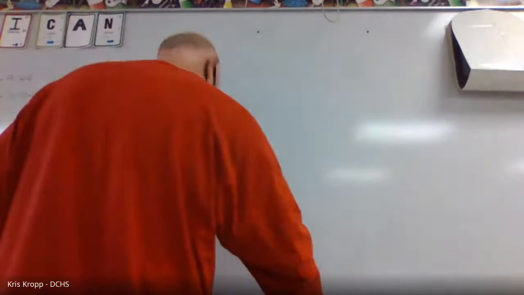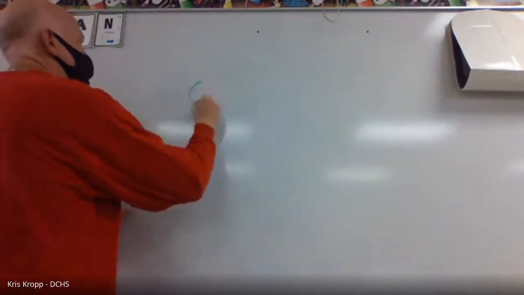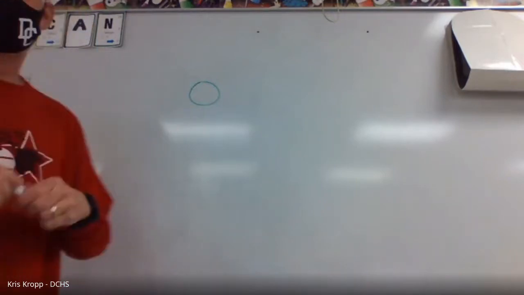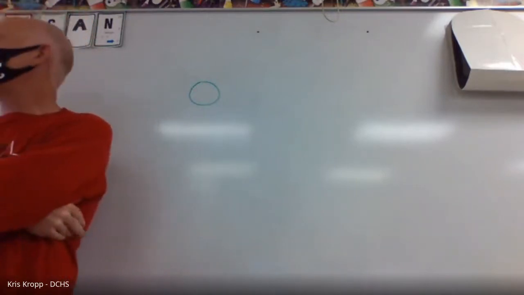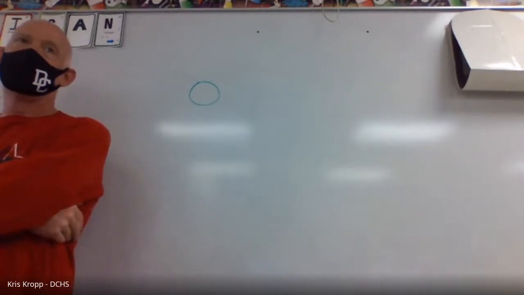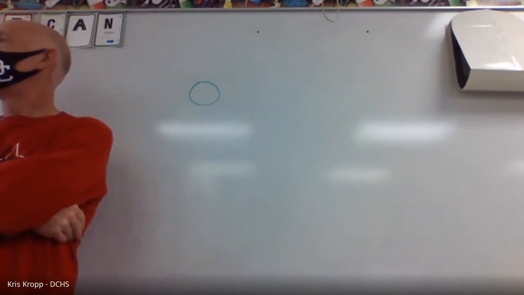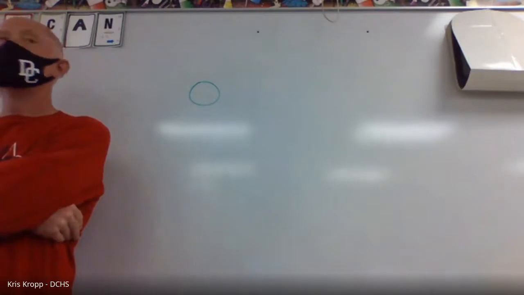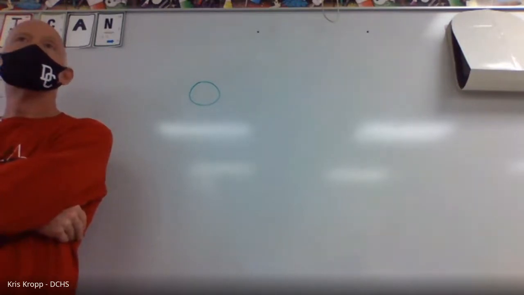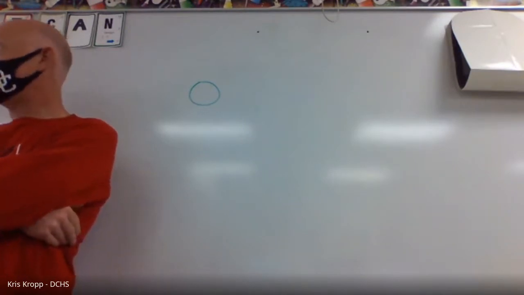Let's look at a different situation. Let's take a look now at oxygen. Can you please tell me how many valence electrons an oxygen atom has? Six, yes, thank you.